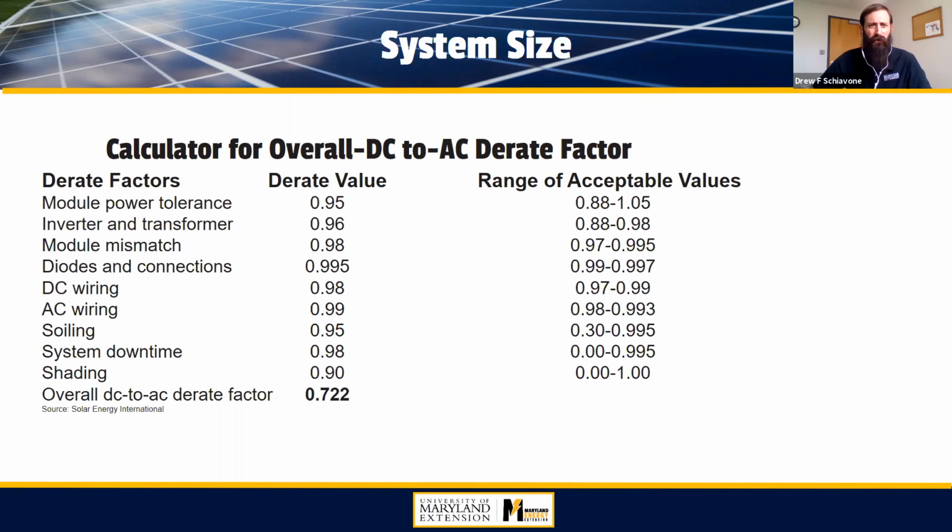So you'll see various things like the DC and AC wiring, shading, anything that's happening in the system will have a loss of production associated with it. In this case, they're using an example 0.7 or 70%. In the example I just shared with you, I used a conservative 80%. It's the same idea, but I use the more conservative value, and it gives you an estimate.